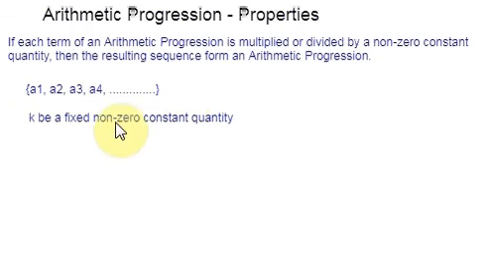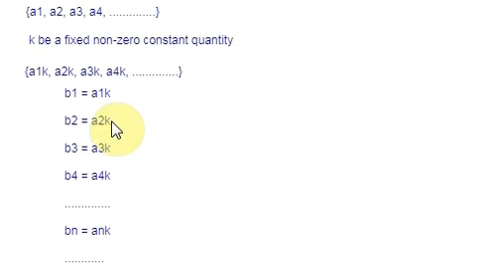So the resulting terms, after multiplying each term of this given arithmetic progression by a non-zero constant quantity, will be named B1, B2, B3, B4. Just to make our writing simpler, I am assuming these terms as B1, B2 to Bn.